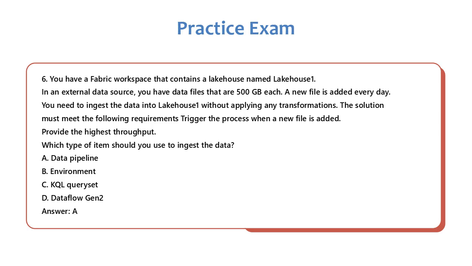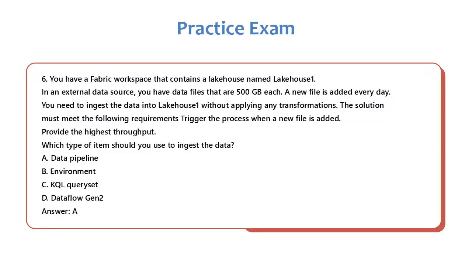6. You have a Fabric workspace that contains a lakehouse named Lakehouse 1. In an external data source, you have data files that are 500 gigabytes each. A new file is added every day. You need to ingest the data into Lakehouse 1 without applying any transformations.